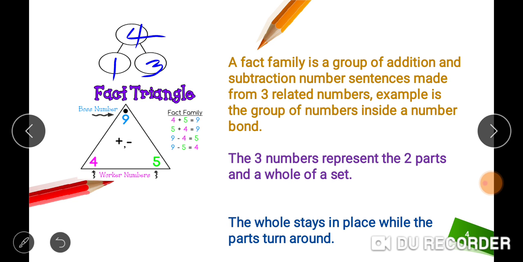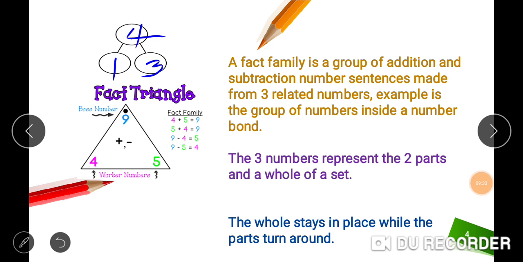These 3 numbers are a fact family. These 3 numbers in this number bond are a fact family because they are related. The 3 numbers represent the 2 parts and a whole of a set.